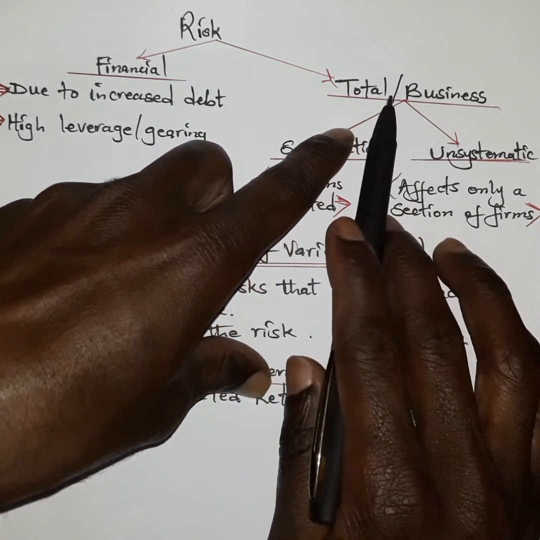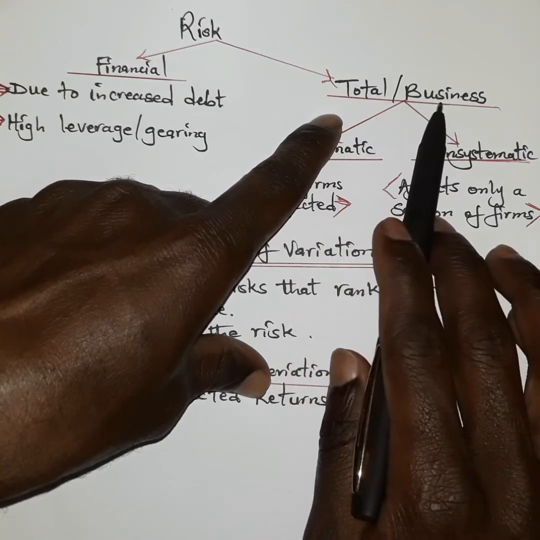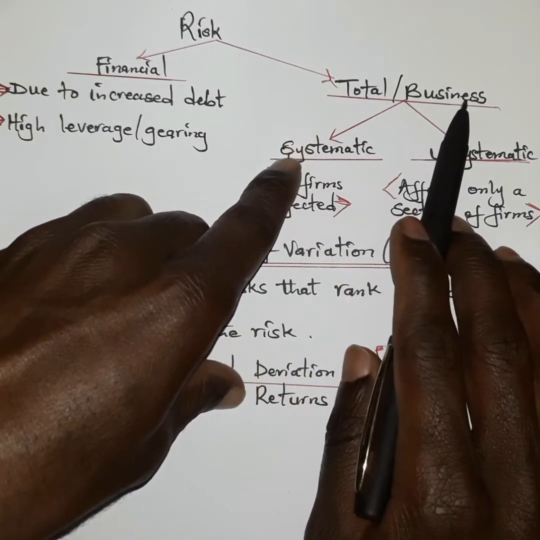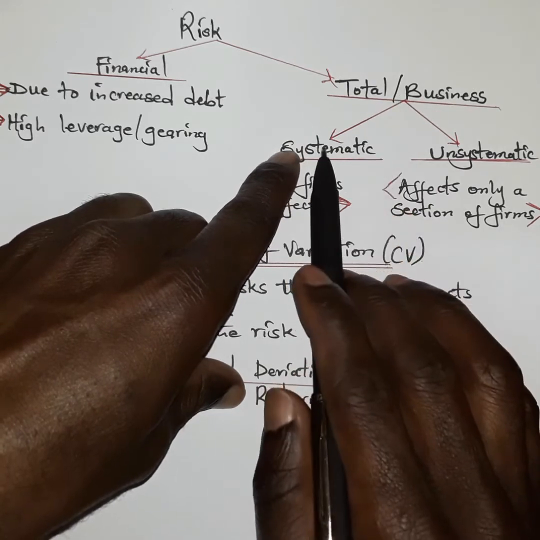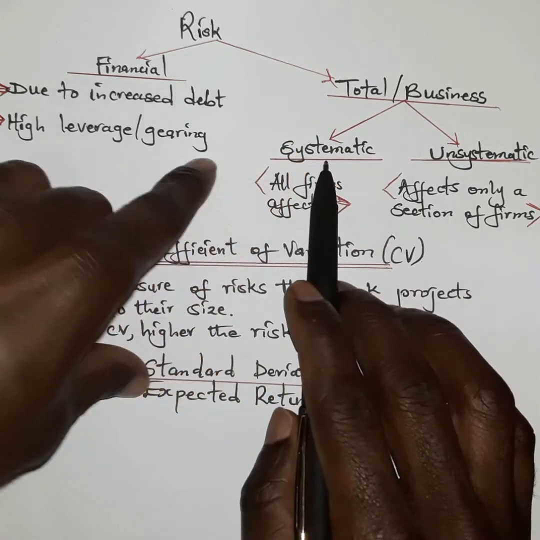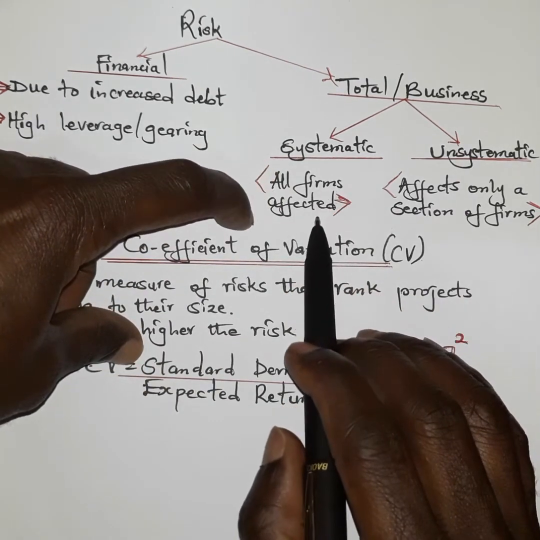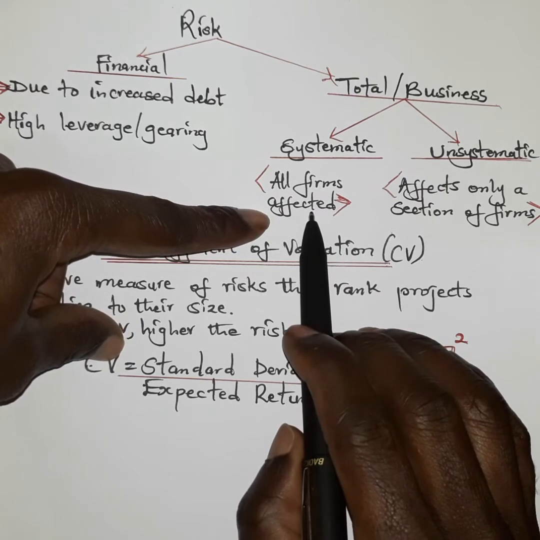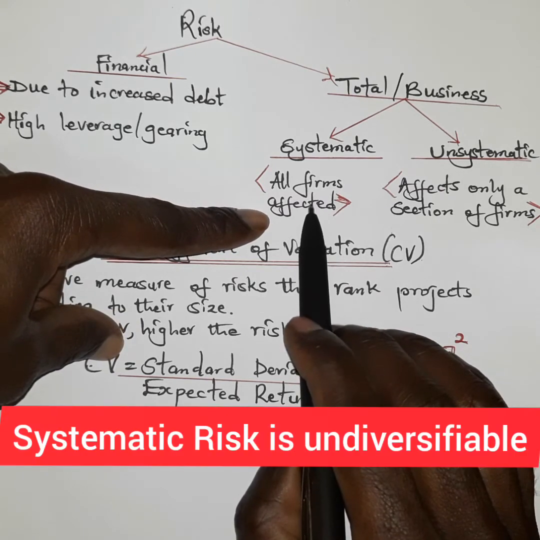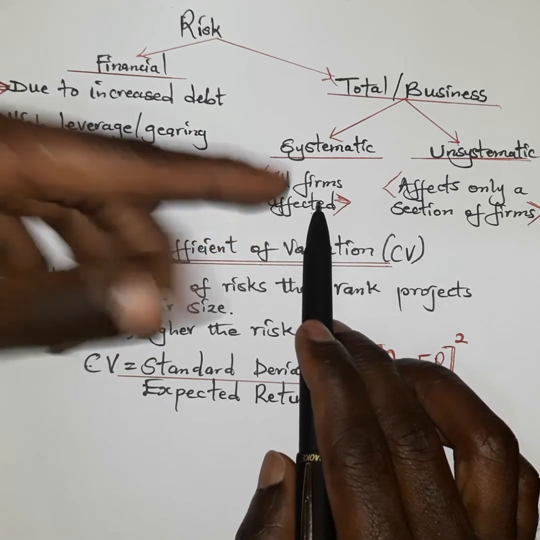Again, this company is interested in determining the total or more business risk. When we talk about total risk, we have systematic risk and unsystematic risk. Systematic risk affects all the firms in the industry. These are macroeconomic conditions which affect all the firms, for example, inflation.